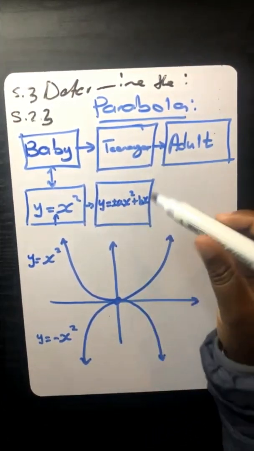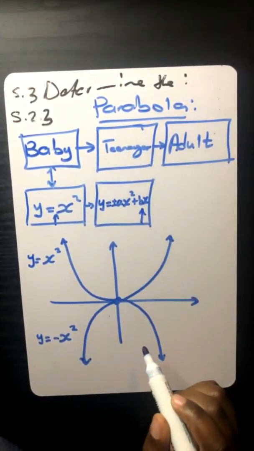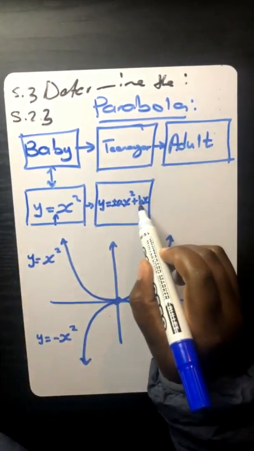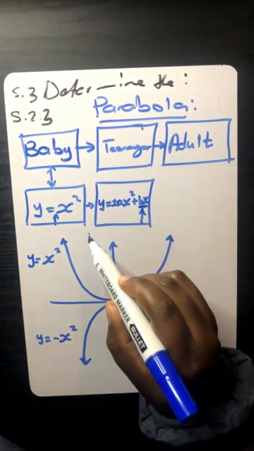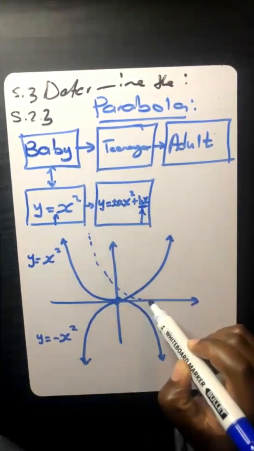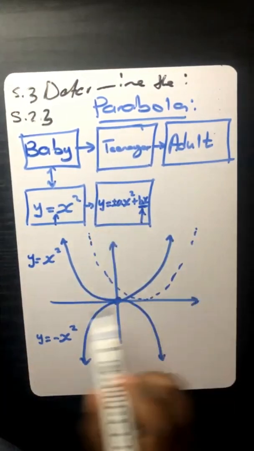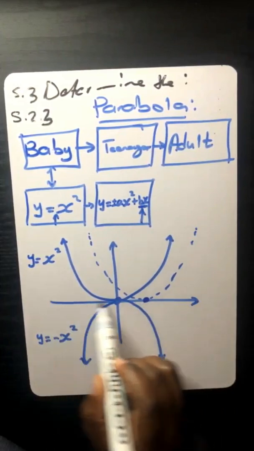So it seems as if this bx, ladies and gentlemen, actually influences the horizontal shift, which means whatever b value that you have over there, you might have your function being shifted maybe towards the right, but along that, still having the turning point along that line.